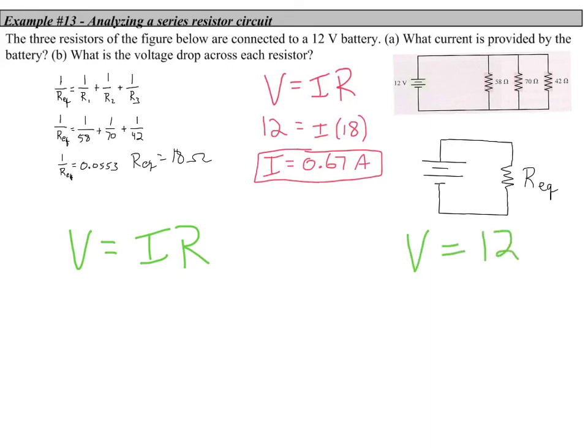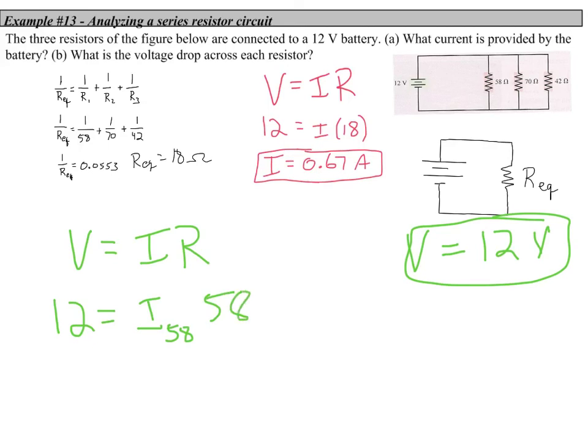So the voltage across each resistor is 12 volts. That's the second part of the question. Let's figure out what the current would be across that 58 ohm resistor. We're going to use that 12 volts and look at just that resistor. We end up with a current of just 0.21 amps.